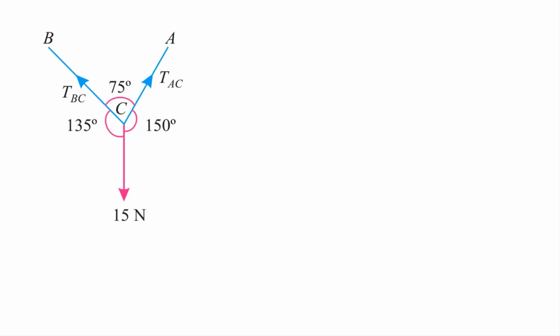Now we are going to apply Lami's theorem to calculate the tension in AC and the tension in BC. As Lami's theorem states that each force is proportional to the sine of the angle between the other two forces, let's write here Lami's theorem.